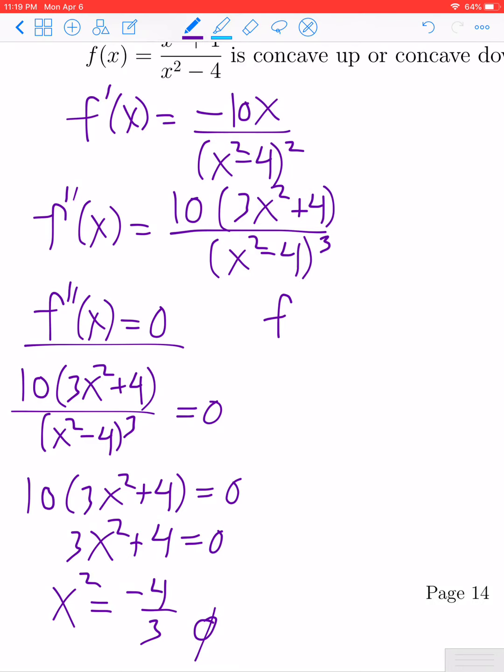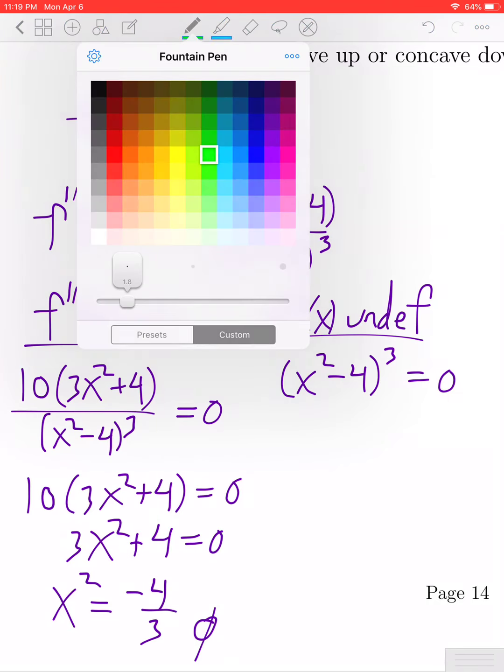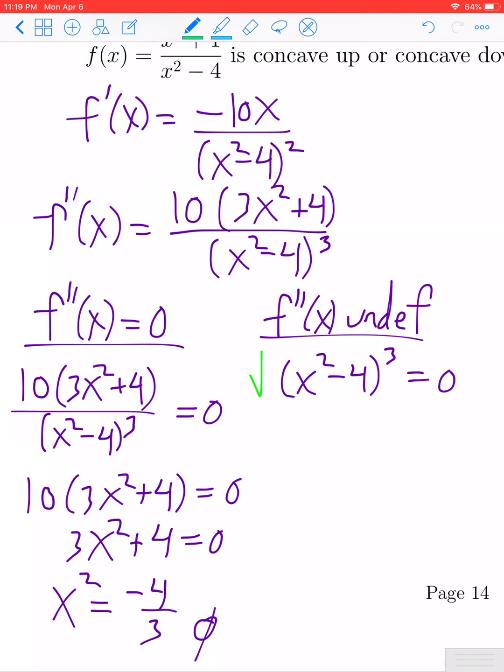We do, however, have some places where f double prime of x is going to be undefined. If we set the denominator of f double prime equal to 0, that is where x squared minus 4 to the third power equals 0. To solve this equation, we can get rid of the cube power by taking the cube root of both sides.